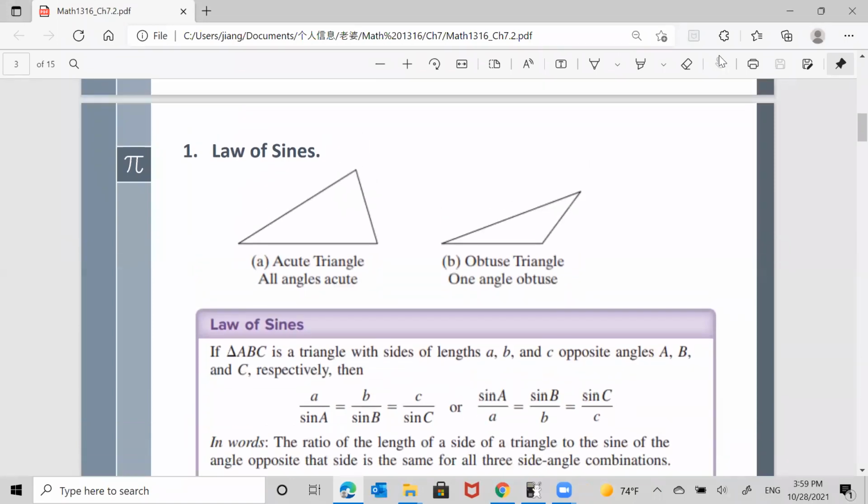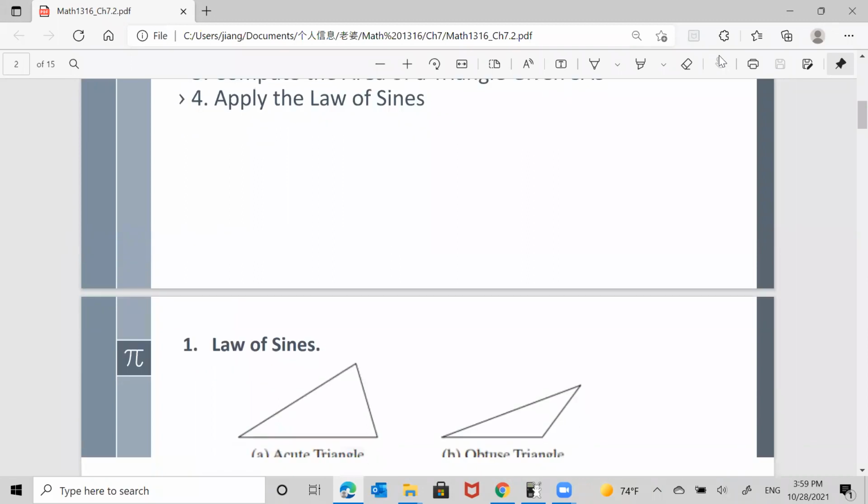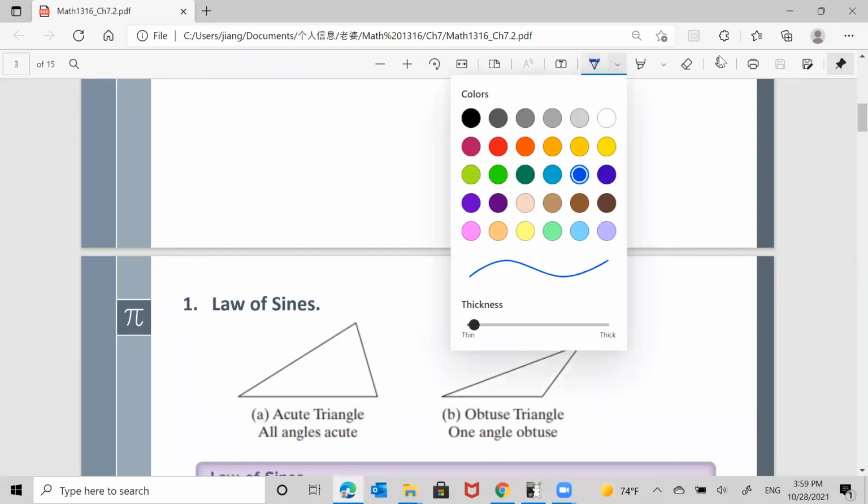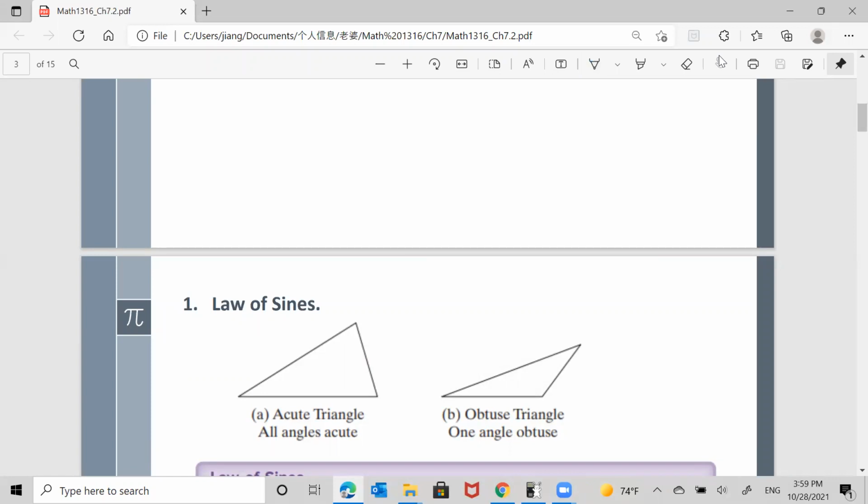In the previous class, we learned how to solve the right triangle. That means if we have a right triangle, we solve the 3 angles A, B, C, and the 3 sides a, b, c.